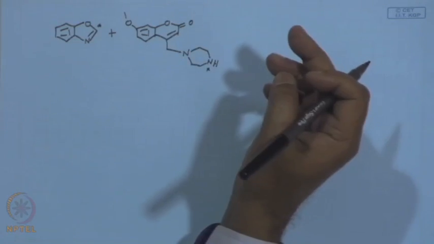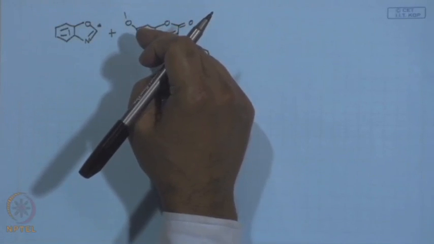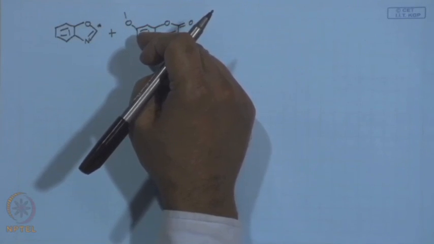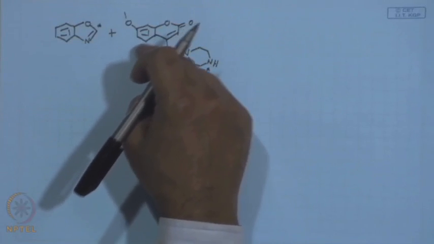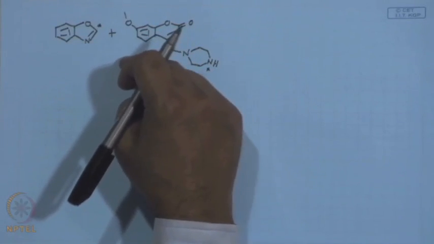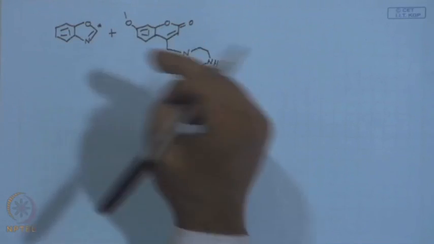If you do lithiation followed by transmetallation, like an organocuprate, there is a likelihood that the reaction would undergo conjugate addition. Organocuprates are well known for conjugate additions.